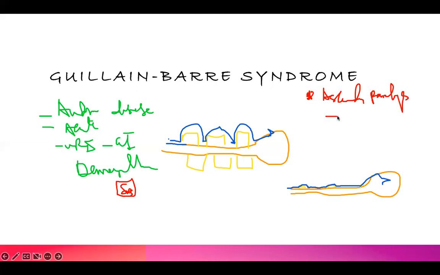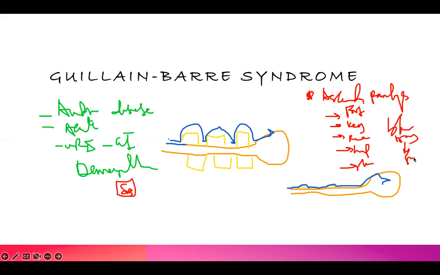What it means is your muscles stop working from your foot upward. So your foot doesn't work, then your legs, maybe your knee breaks down, then your hips, your bladder, your bowel, then your airway, your swallowing.